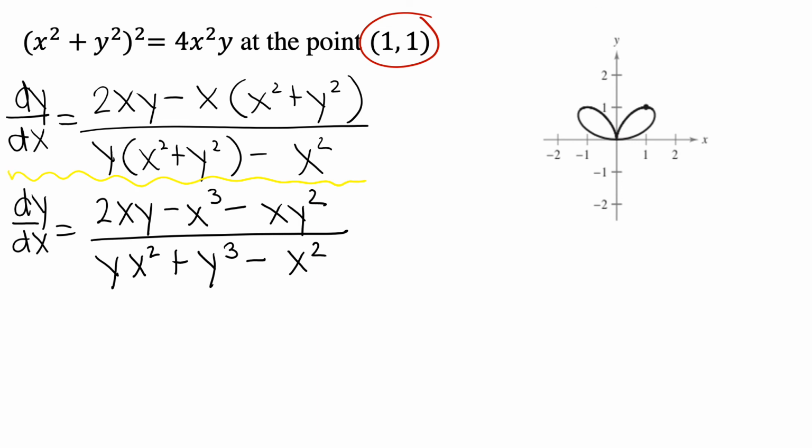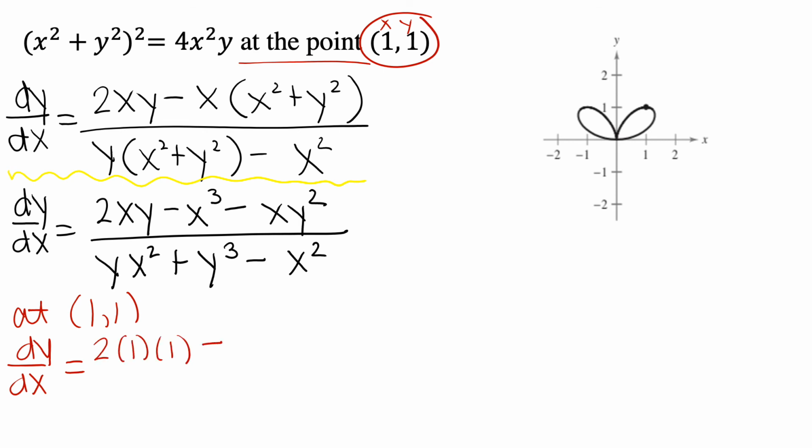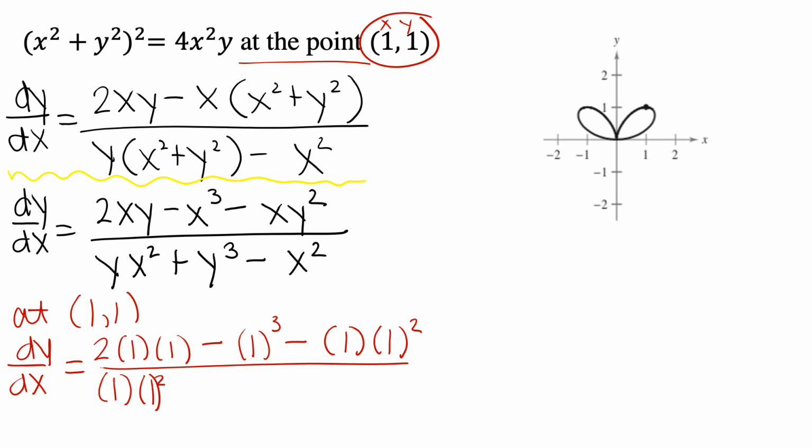From here, we want to find this at the point (1, 1). Remember, that's our x and our y that we can now plug in. So at that point, our derivative would be equal to 2 times 1 times 1 minus 1 cubed minus 1 times 1 squared, all over 1 times 1 squared plus 1 cubed minus 1 squared.